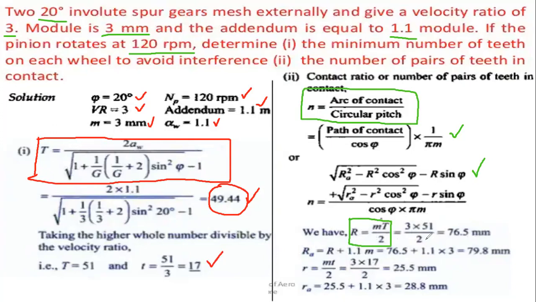By substituting all these, we got 76.5 mm.